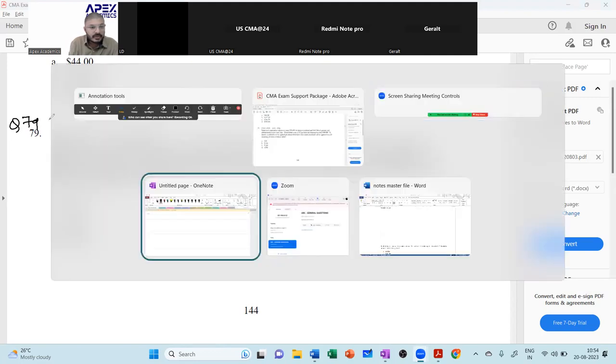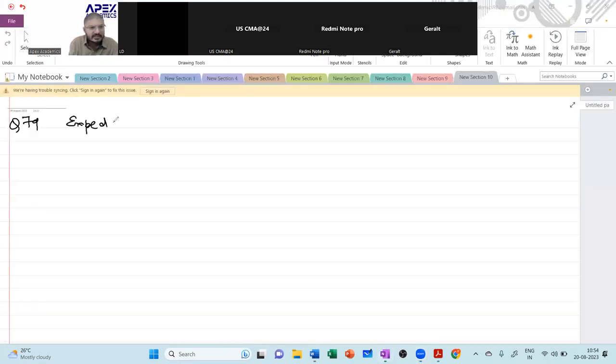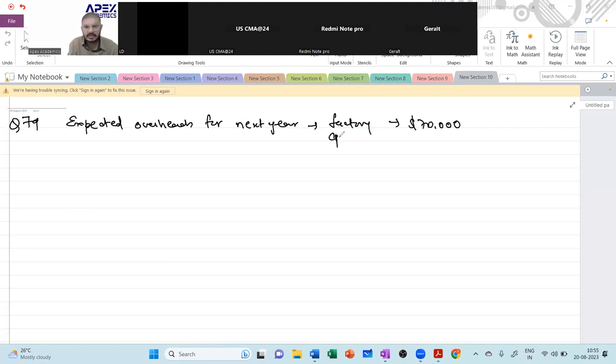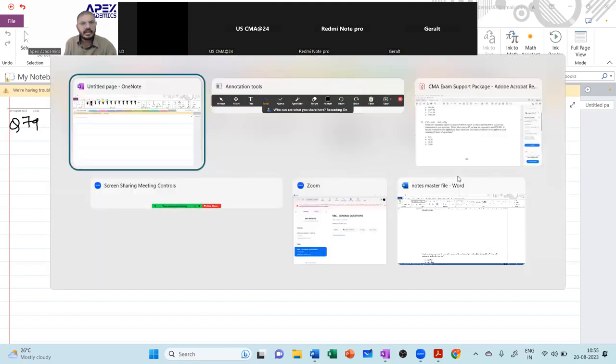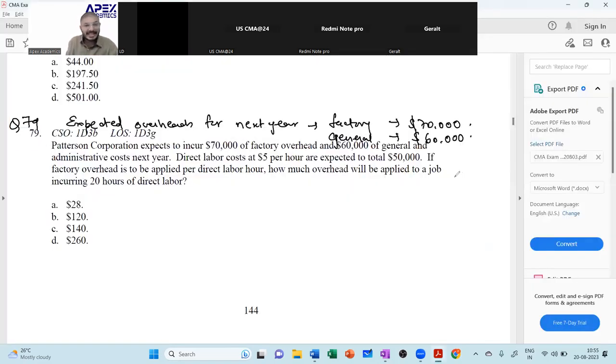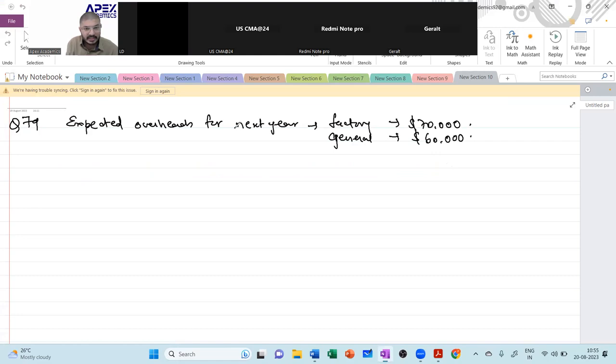So, expected overheads for next year: the first is factory, 70,000, and general is 60,000. You need to understand this. This is expected to be incurred for the next year. This is the total that you expect you will incur in the next year.